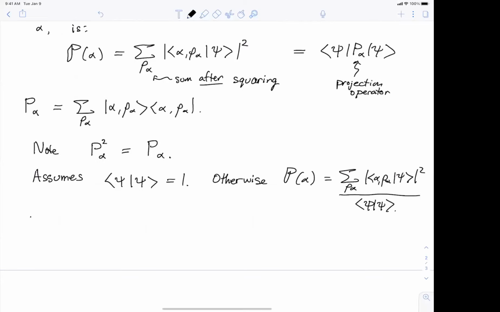All right, postulate 5 is the controversial one, the one that people have argued about for decades. Many people have been trying to get rid of this postulate, and that's the collapse postulate.